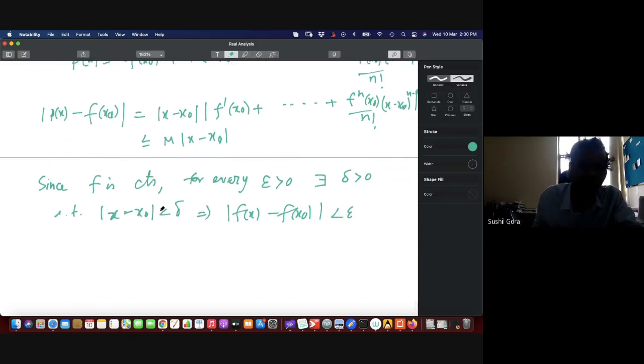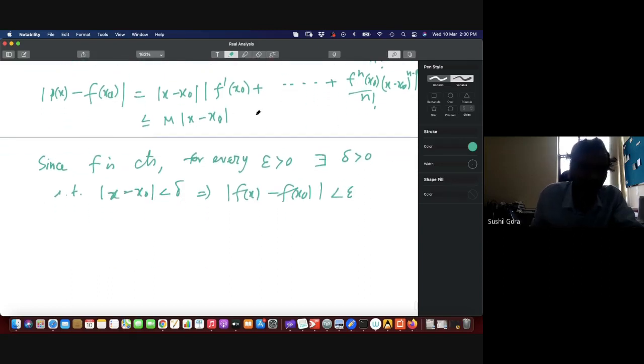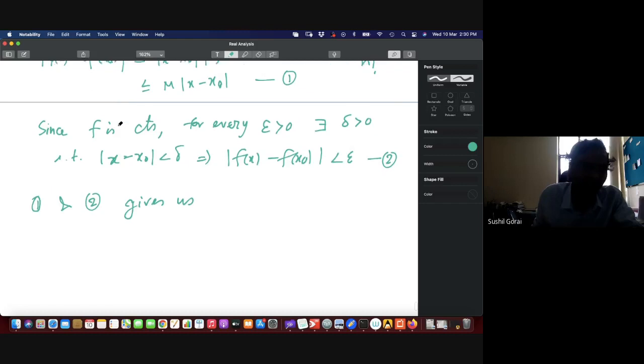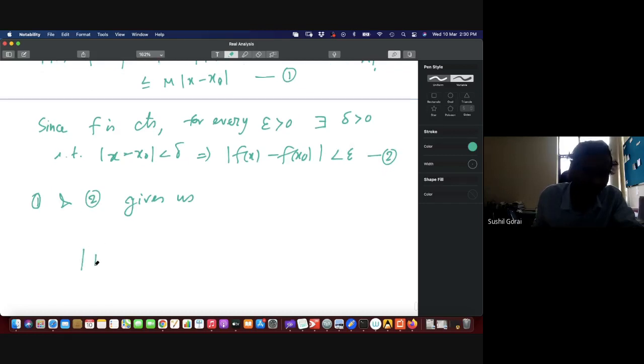So that is continuity at x equal to x naught. Now 1 and 2 give us, by using triangle inequality, p x minus f x is less or equal to p x minus f x naught plus f x naught minus f x, right?